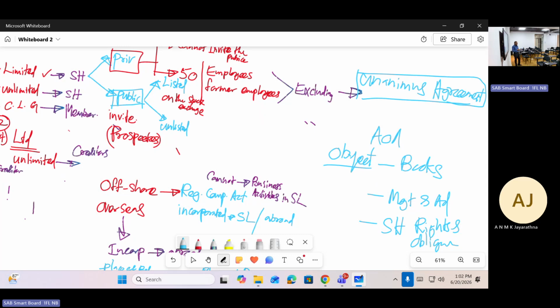Very special thing. What do you mean by unanimous agreement? This is an agreement in writing. Signed by whom? In order to be unanimous, all shareholders must sign this agreement.